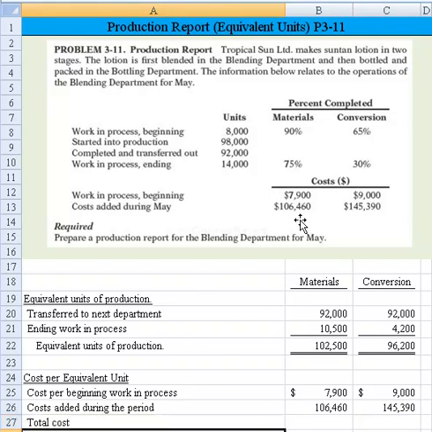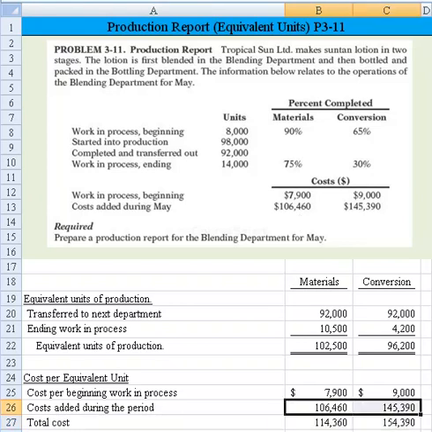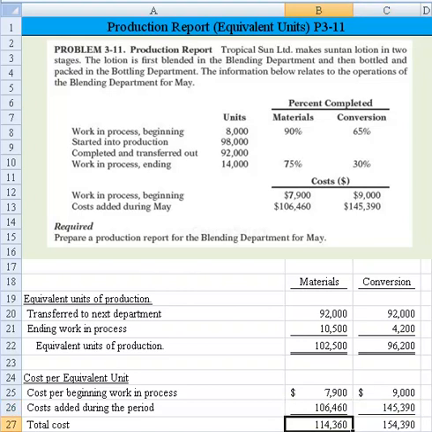Let me just use the total line, calling it total cost, and I'll just hit my auto sum key from Excel. And you could do this manually or just say plus, but you'll see the formula did get copied in there correctly. Okay, so I've got 114,360 and 154,390.